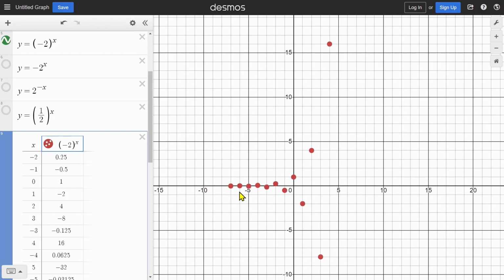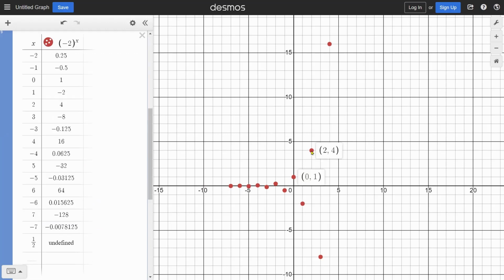Now, what's happening is when I take a negative to an even power, I'm always going to get a positive. So you see I'm getting a positive value here because this is 2 to the 0, 2 to the second, 2 to the fourth.